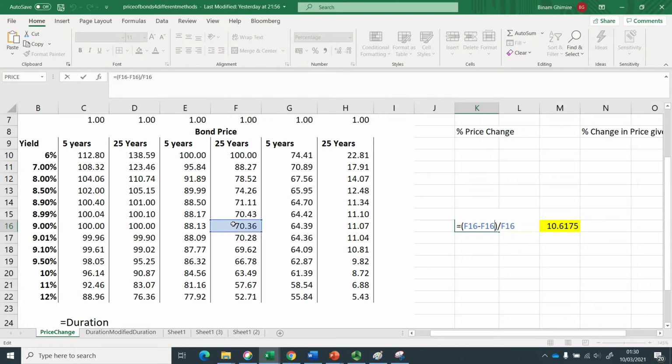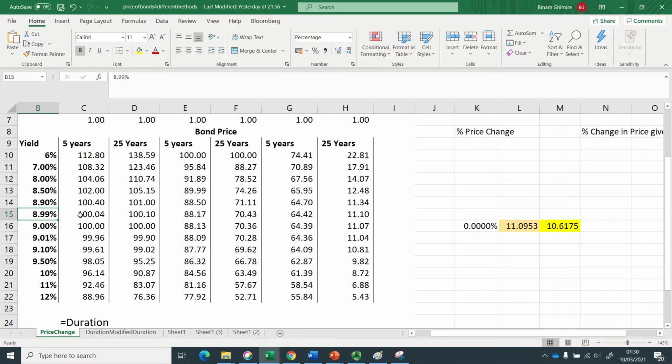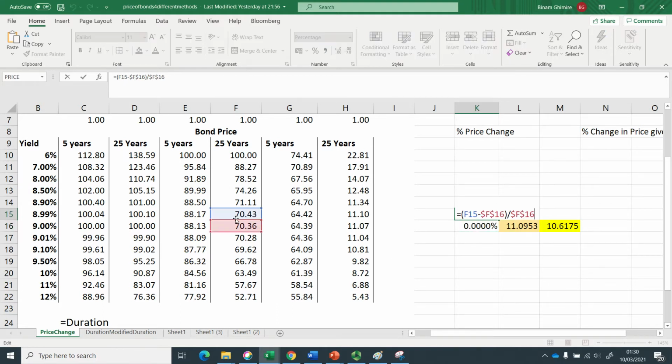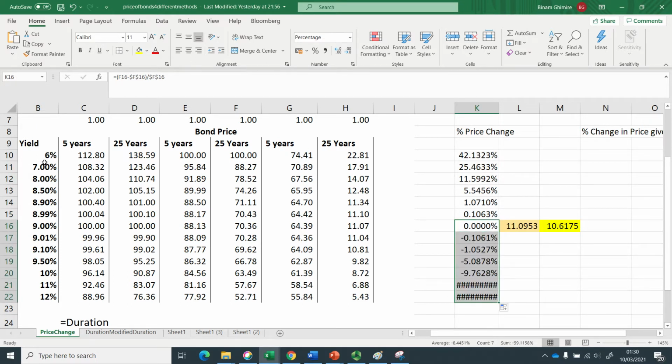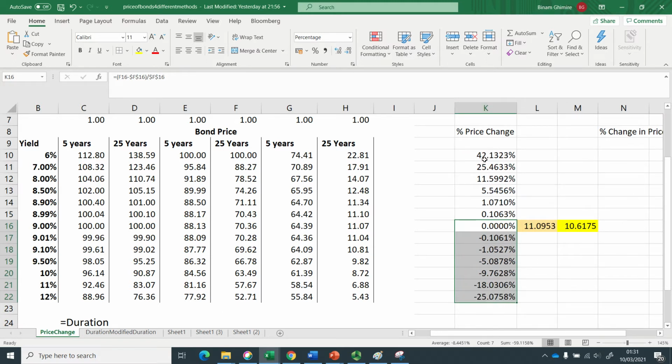But I'll be locking this now, so that when I move it for other yields, for example from 9 to 8.99, it takes 70.43. You will see that happen because we've locked. So now it is the difference between 70.43 and 70.36. That's how we find the percentage price change in bonds as a result of change in yields. So this is the actual data of percentage price change.